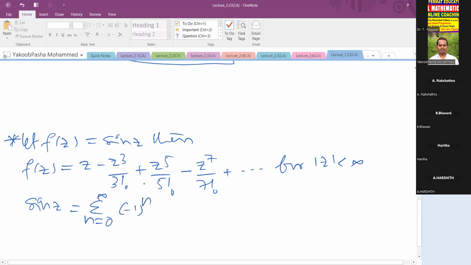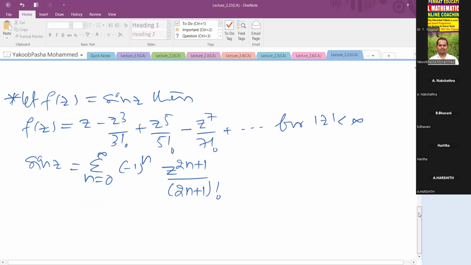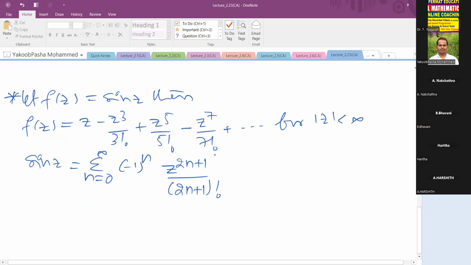Alternating plus and minus signs are there, that's why I'm using minus 1 to the power of n. And the powers are all odd numbers, that's why you can write z power 2n plus 1 divided by 2n plus 1 factorial. I'm writing this as the expansion of sin z.